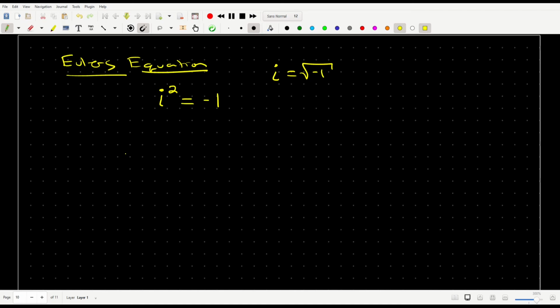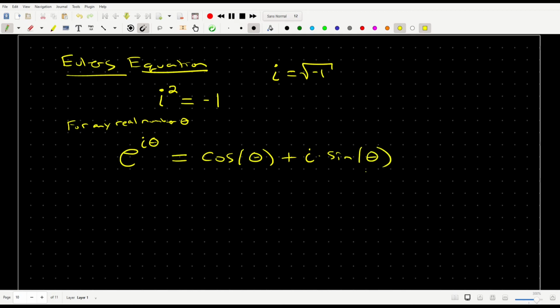So Euler's equation is the equation that e^(i theta), for any real number theta, is equal to cosine of theta plus i times sine of theta.